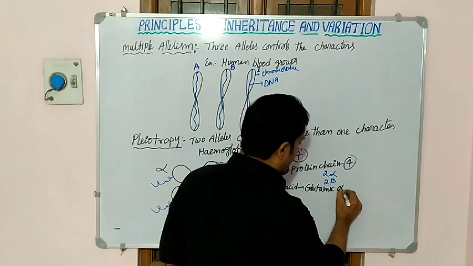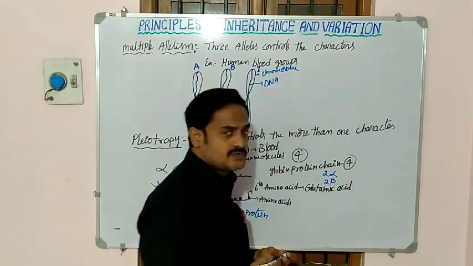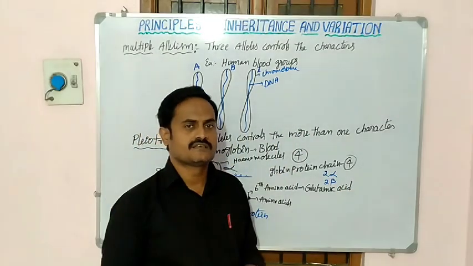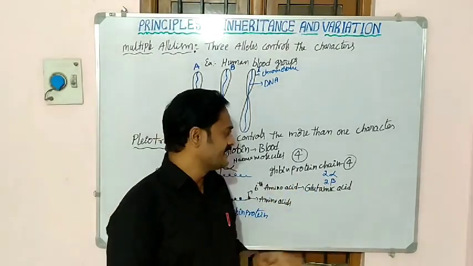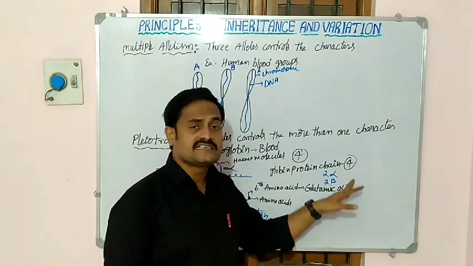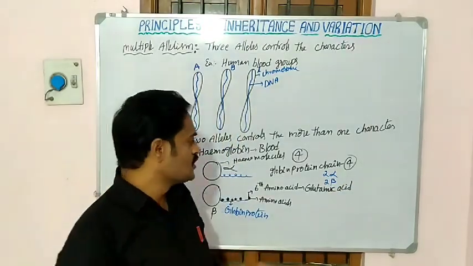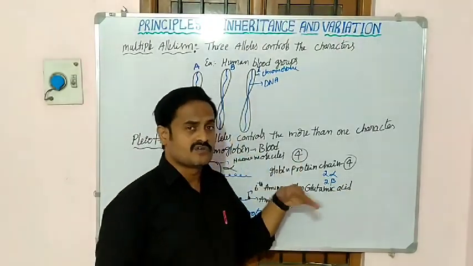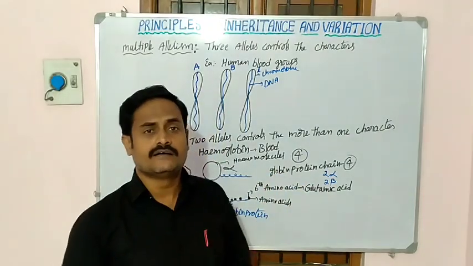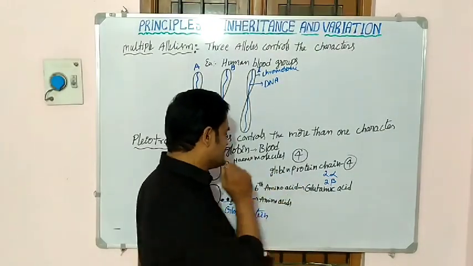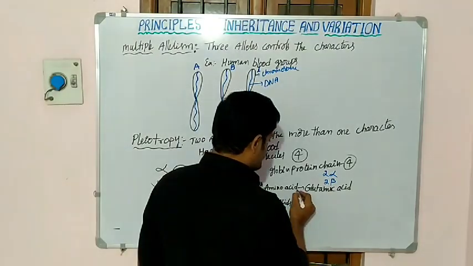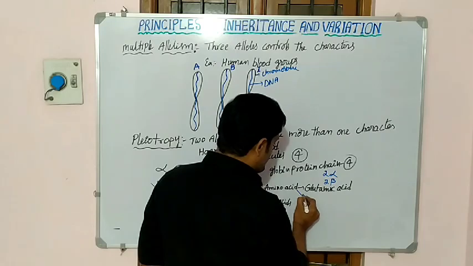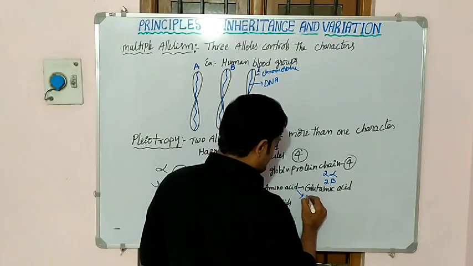Due to some environmental changes or some mutations which occur in the DNA, the glutamic acid is not released. A different substance is released from the 6th amino acid.